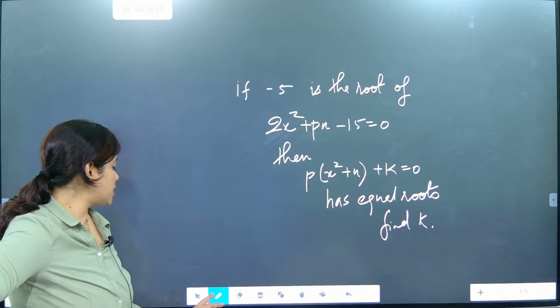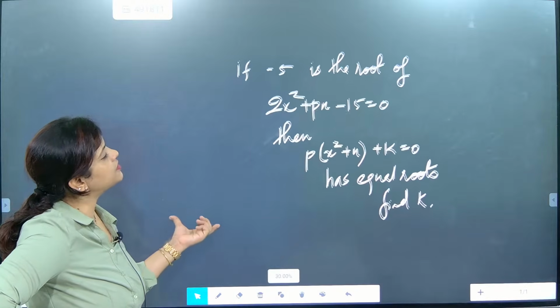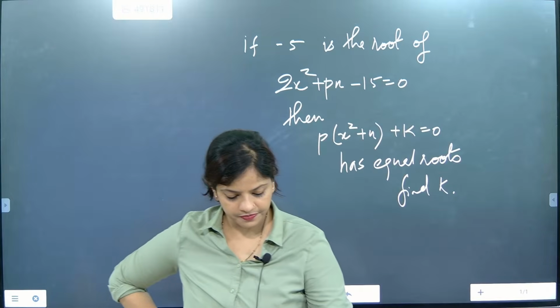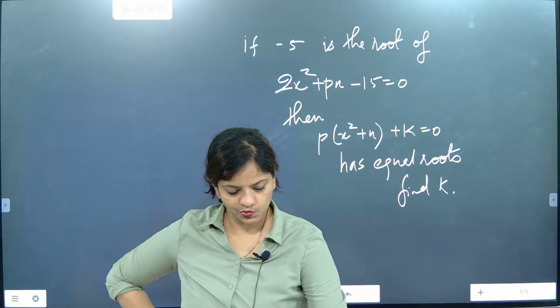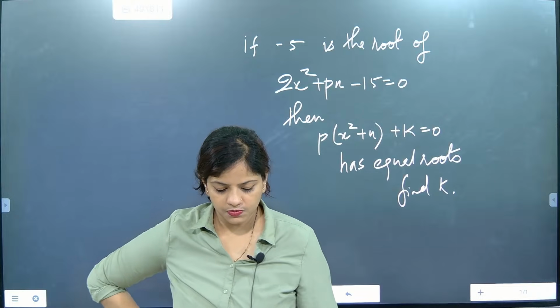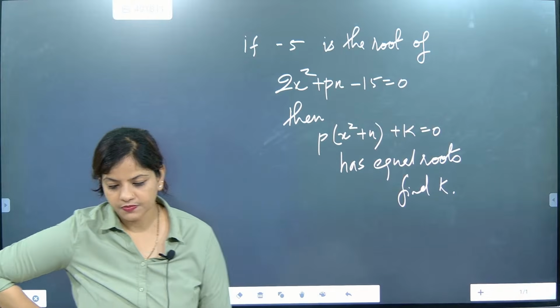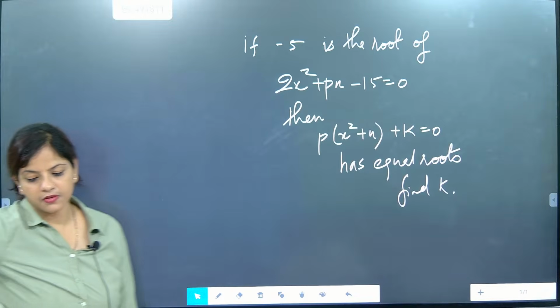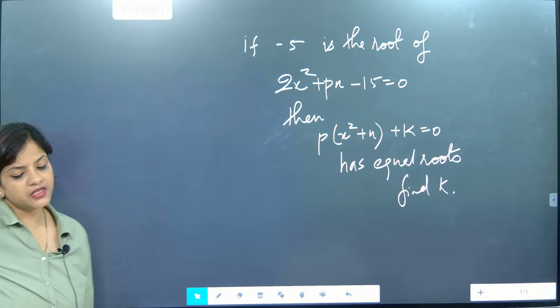Questions like these are coming in the exam. Quadratic type, I will explain quadratic. This question on polynomials I gave you in the quadratic part. Minus 5 is the root.